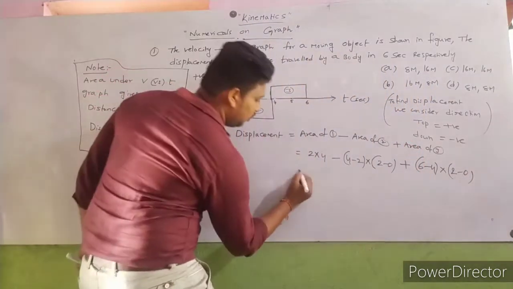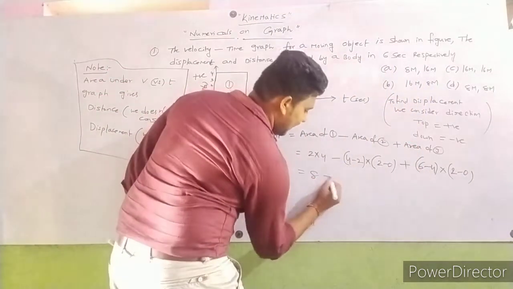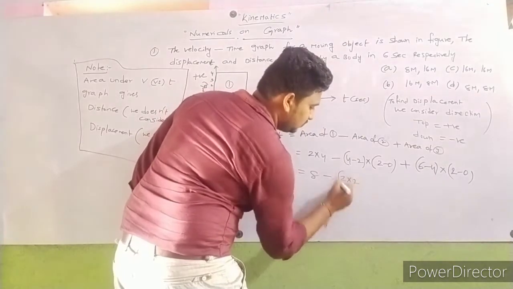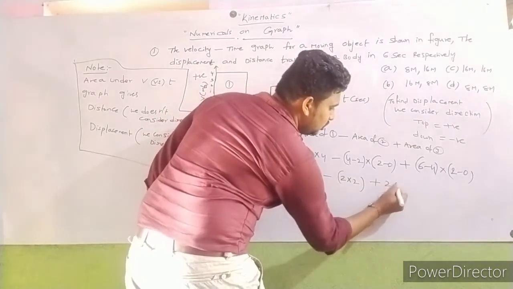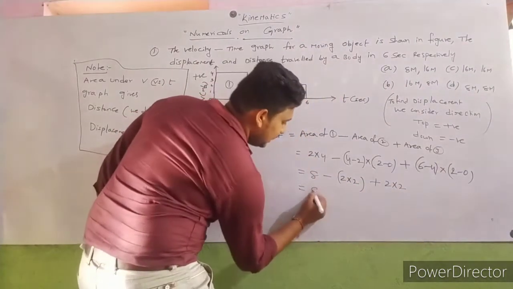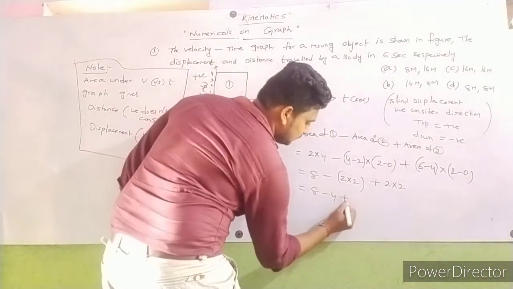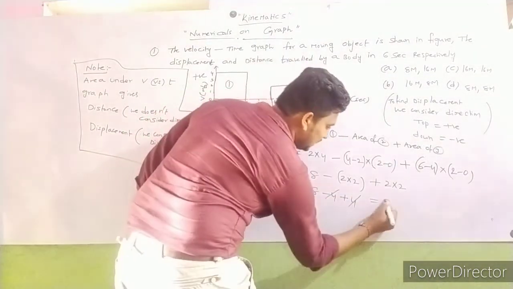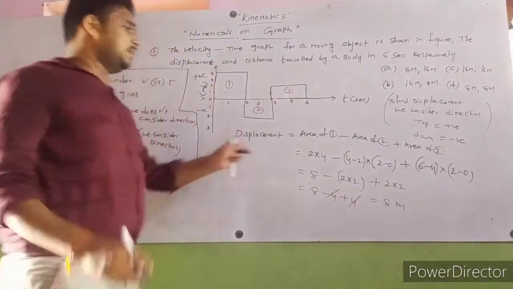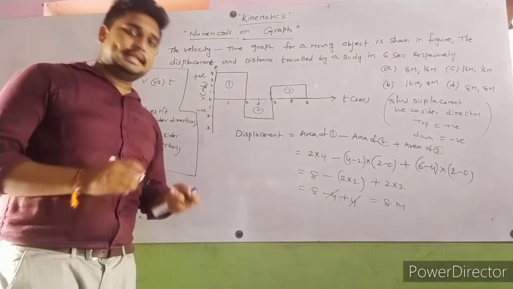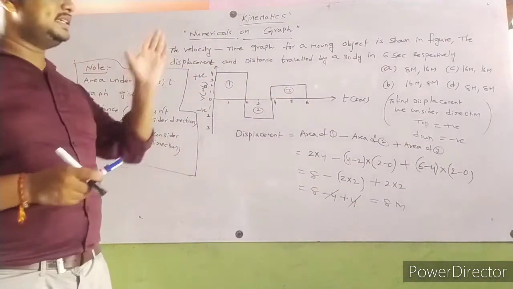So 2 into 4 is 8, minus 2 into 2, plus 2 into 2. From this, 8 minus 4 plus 4, the minus 4 and plus 4 cancel, giving 8 meters. Here displacement is 8 meters, distance is 16 meters.